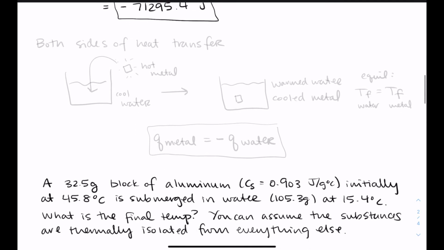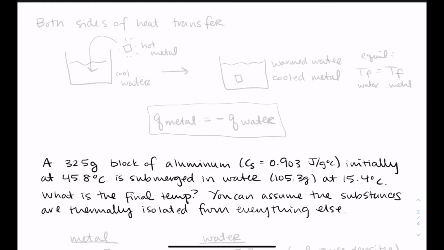Now, far more often, we look at both sides of the heat transfer. So something like, I have a piece of metal, it's warmed up to a hot temperature, and I'm going to drop it in a container of cool water. I'll let it sit, and then at the end, what I will have is water that has been warmed up, metal that has been cooled down, and where they met, that temperature in between where each started, that's the temperature at thermal equilibrium.